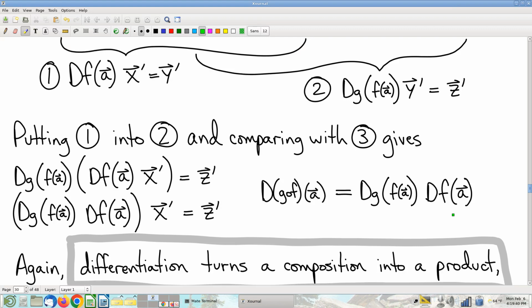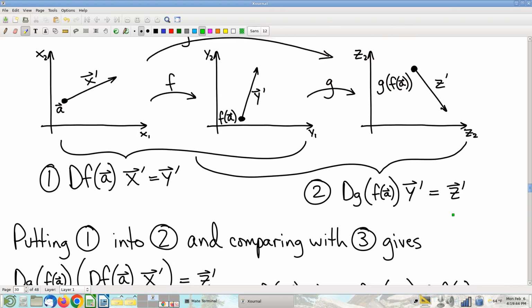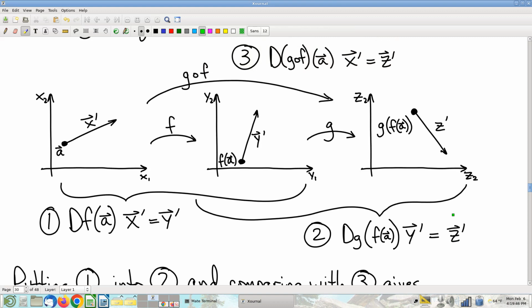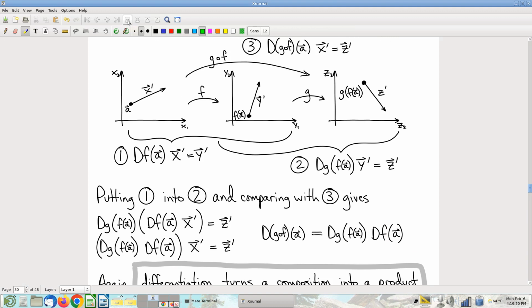Okay, last little quickie thing, and then we'll be out of time. Make sure to keep track of where these matrices are being evaluated. This matrix right here, DF, is evaluated at A, at the point A, because that's where it's acting.